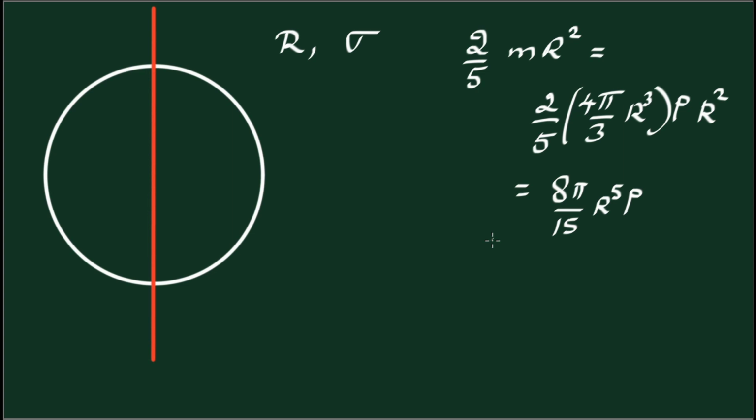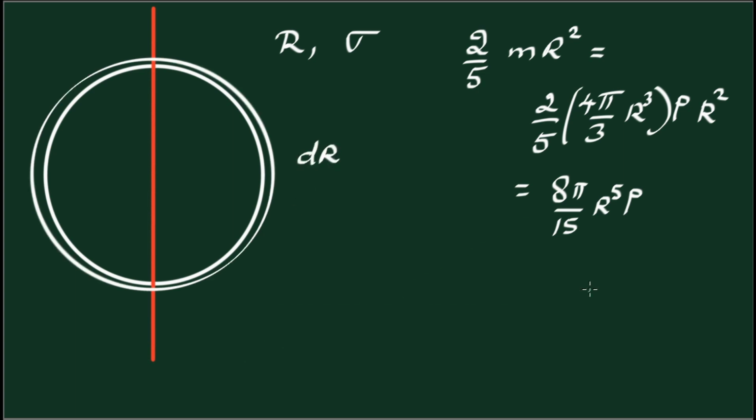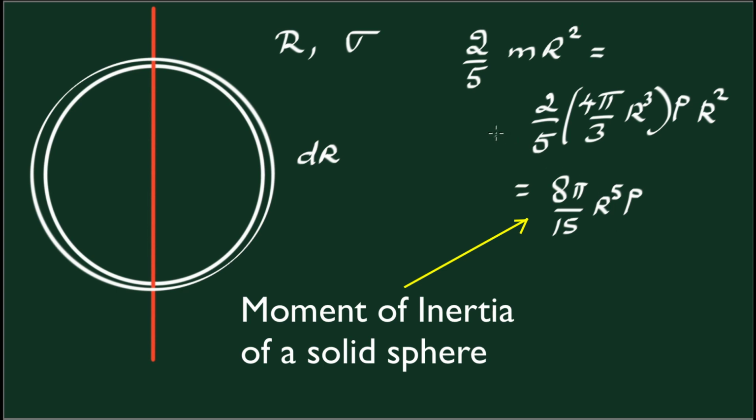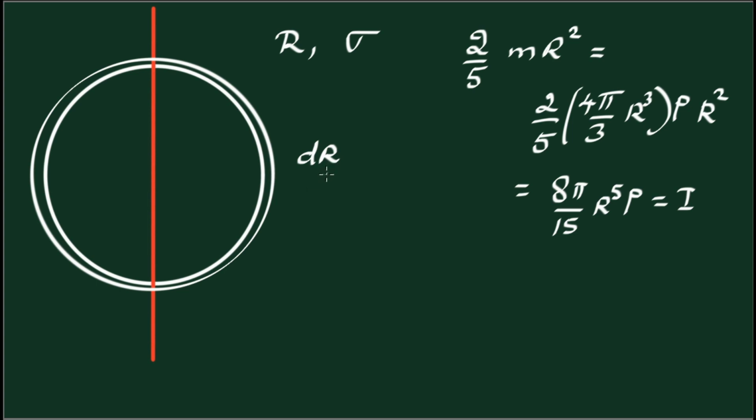Now we're going to create this thin shell by letting the radius r increase by a small, that is an infinitesimal amount, dr. This is the moment of inertia for a sphere of radius r, a solid sphere. If I increase the radius by dr, the increase in the moment of inertia will be the moment of inertia of the thin shell.